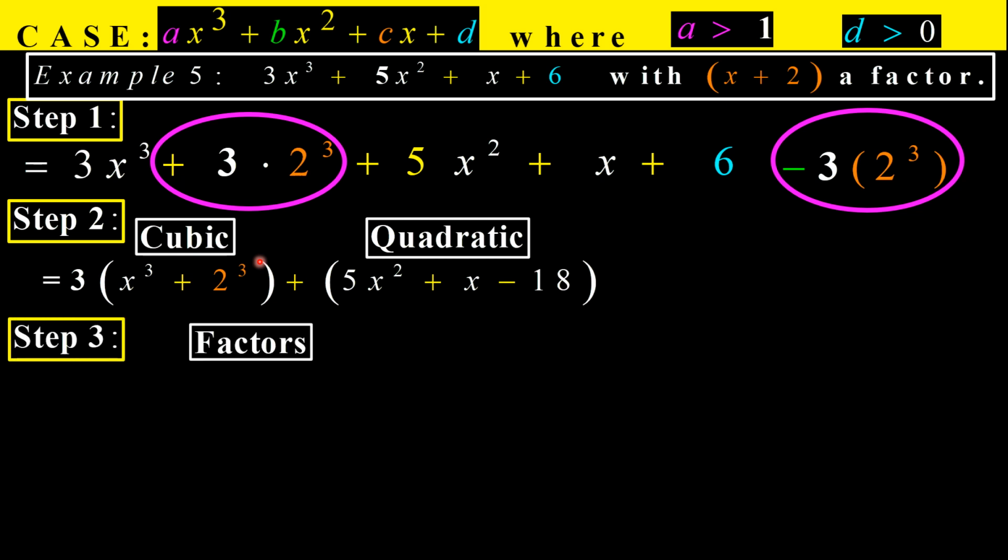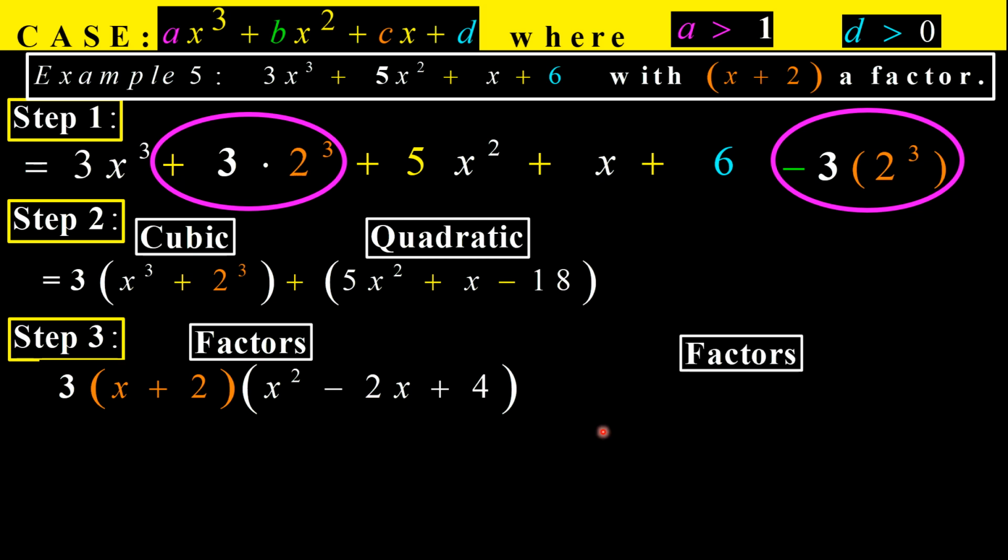I get x plus 2, and because there's a positive, that will be negative. And if I factorize the quadratic, which should be very easy, if you've got x plus 2, x into 5x squared gives me 5x, and 2 times what gives me negative 18, 2 times negative 9. Right? It's very easy to factorize that trinomial.